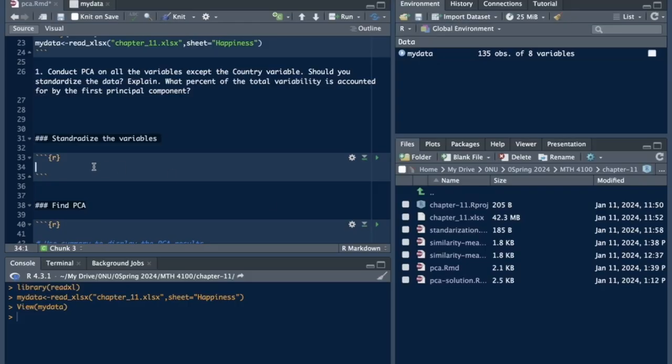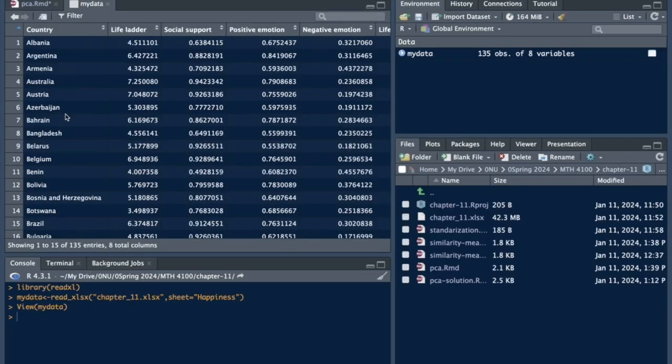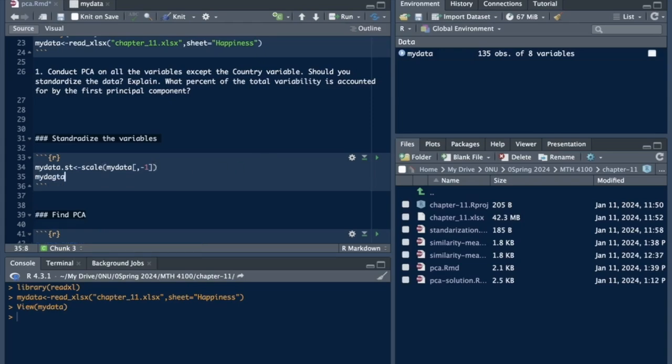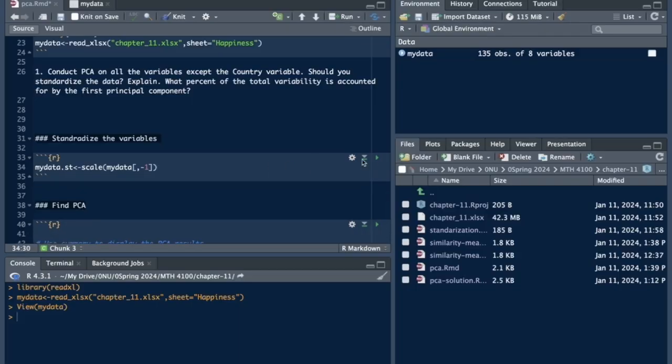I'm going to create a new data set, which I'll call my data standardized, using scale on my data, but I'm going to exclude the first column. The first column contains the countries, which has nothing to do with the analysis, so I'm going to keep it out. So I'm creating a new data set that contains all of the variables in standardized format, so we can look at them from there.